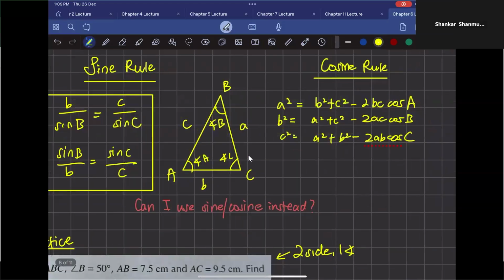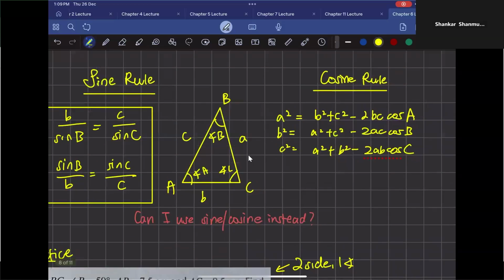So if you're trying to find cos A, if you make your 2bc cos A the subject of the equation, you'll get b square plus c square minus a square, and then if you bring the 2bc over, you'll get over 2bc.